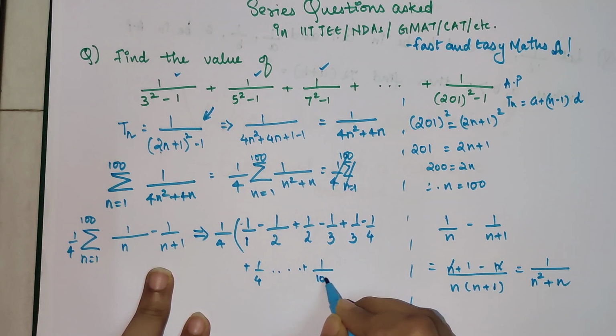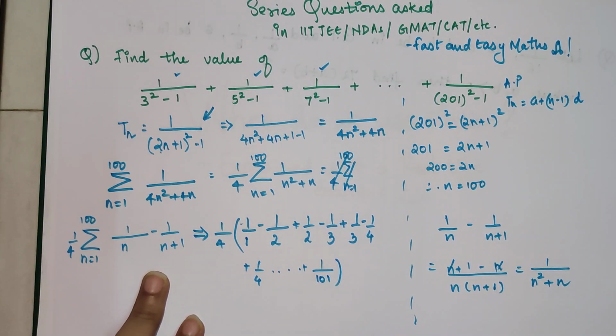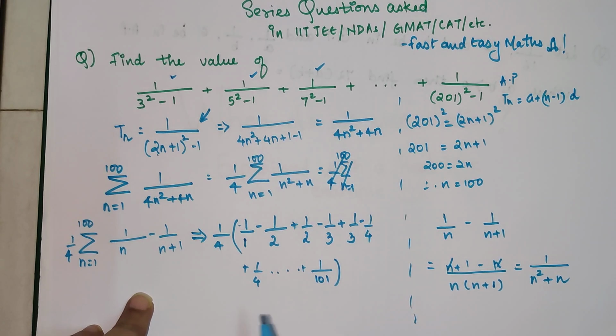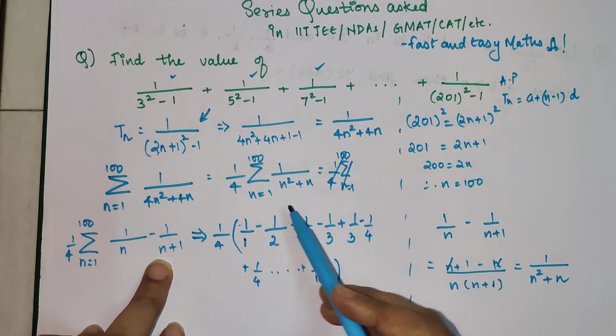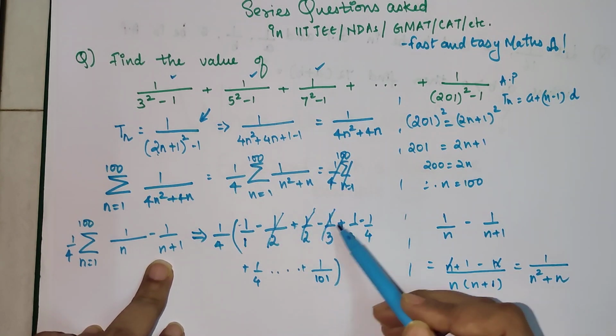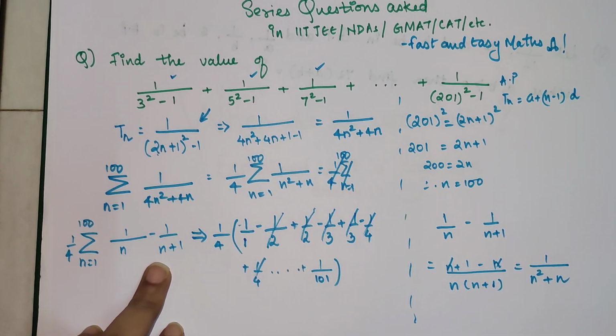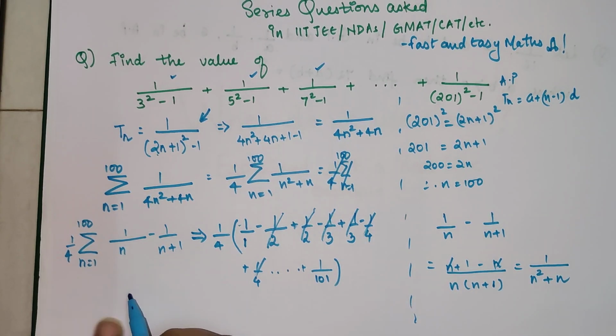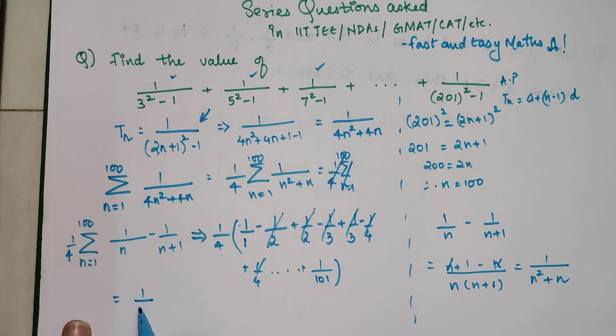minus 1 upon 101, since we have 100 plus 1, which is 101. If you see, all the values in between are getting cancelled. So now we are left with 1 upon 4 into 1 plus 1 upon 101.